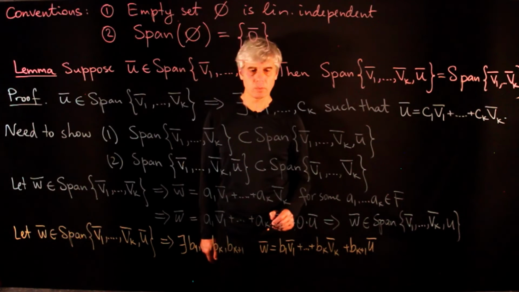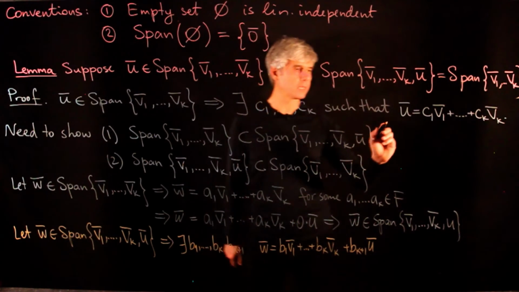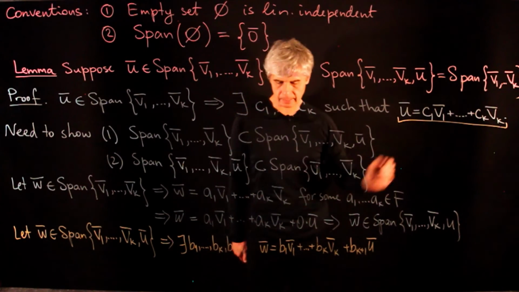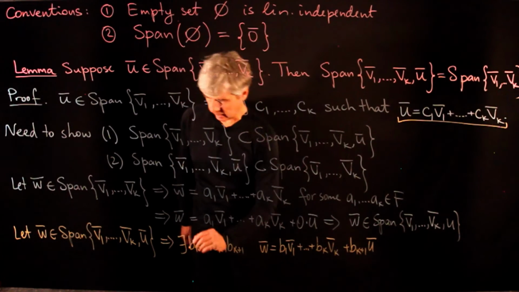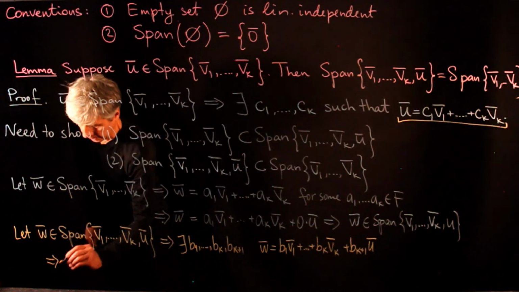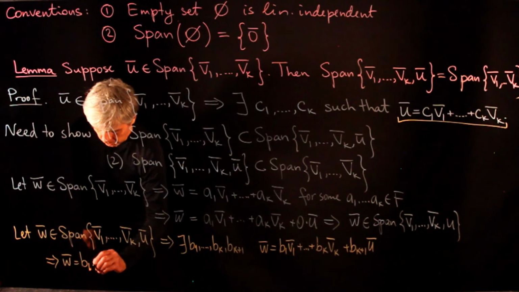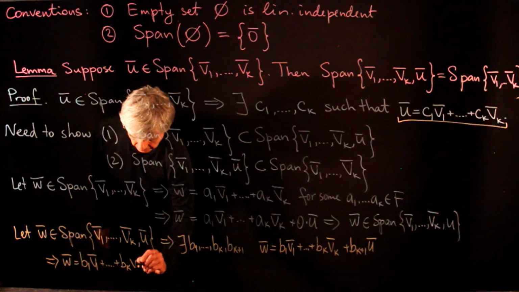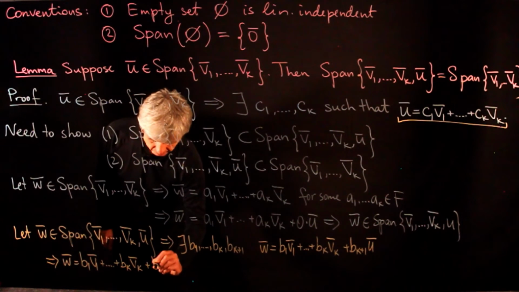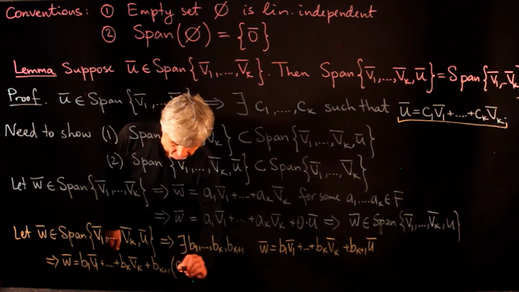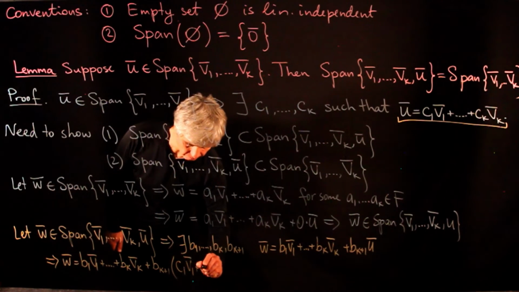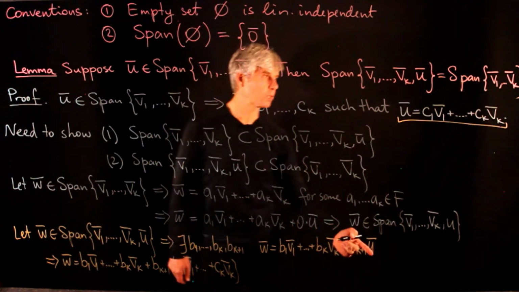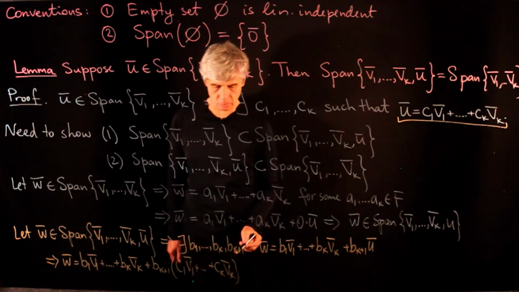But we recall that u has this expansion. So let's substitute this. So w is equal to b1 v1 plus bk vk plus bk plus 1 times c1 v1 plus ck vk. Here we substituted the expansion of u as a linear combination of the v's.